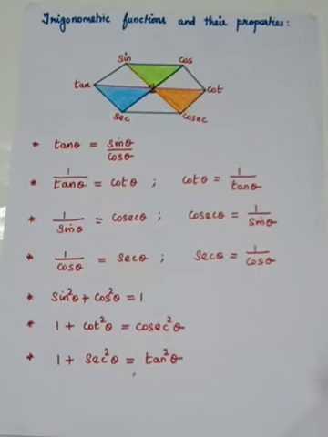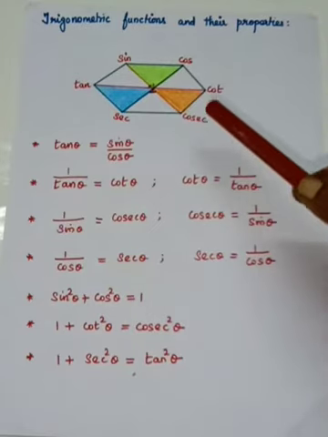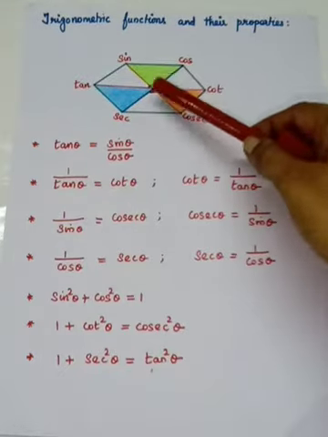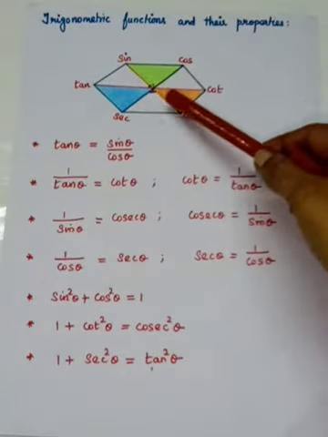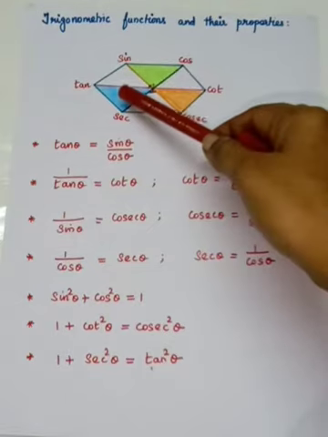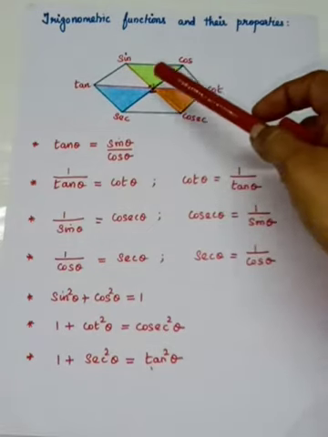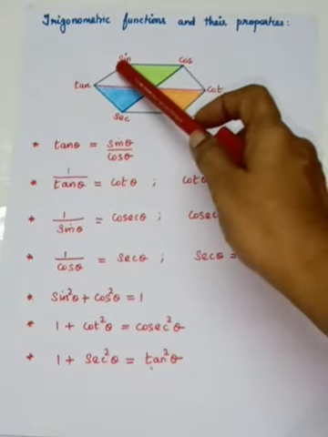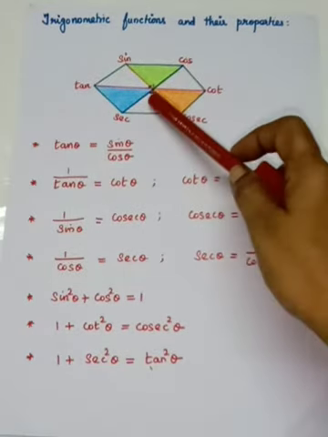So from this hexagon, it's a small trick to write the identities and the trigonometric functions. I have marked the triangles in green color, orange color and blue color. In the green color triangle, you see sine, cos, and here you are having 1.